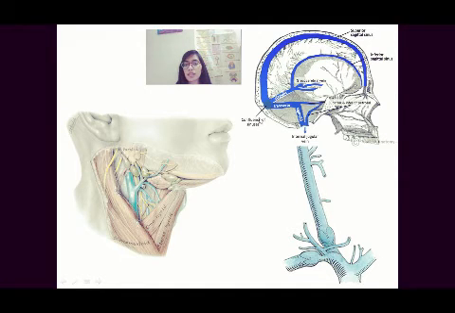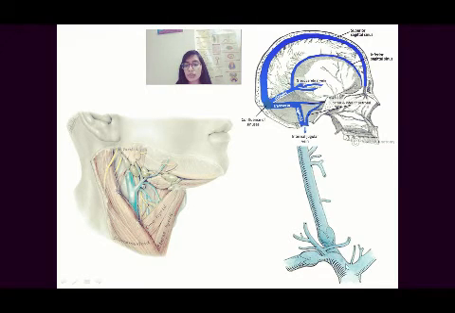This is known as the confluence of sinuses, where the sinus drainage is made, and then this drains into the sigmoid sinus. From the sigmoid sinus and from the superior and inferior petrosal veins it drains into the internal jugular vein, and this forms the whole supply of the internal jugular vein.